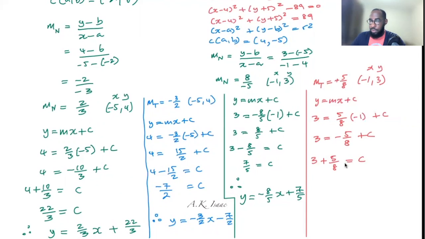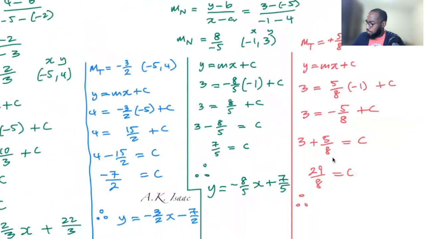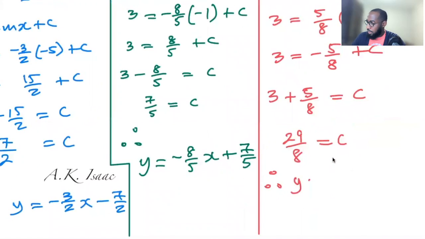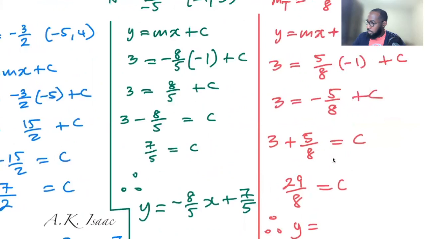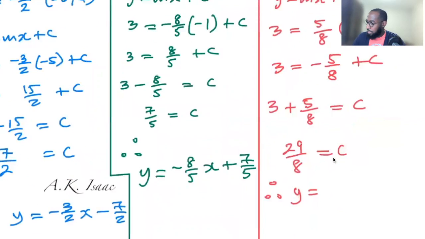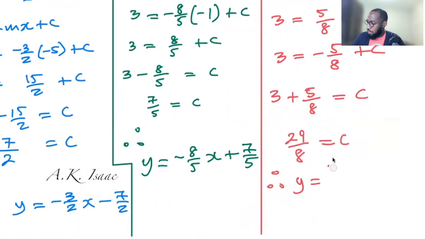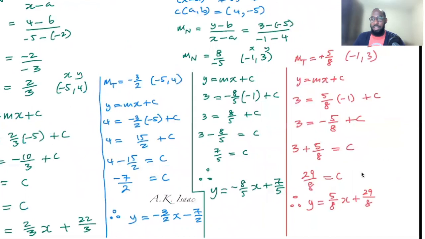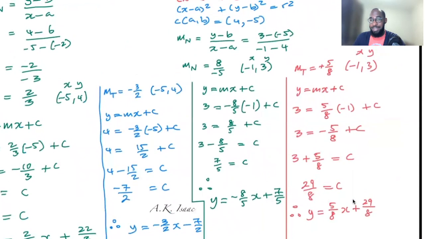So 8 times 3 is 24, plus 5, 29. 29/8 is equal to c. Therefore, y is equal to, the gradient is 5/8, x plus 29 divided by 8. So here is the equation of the tangent.